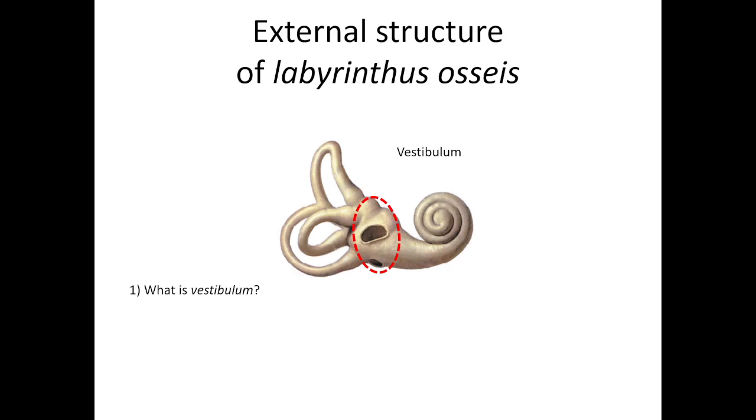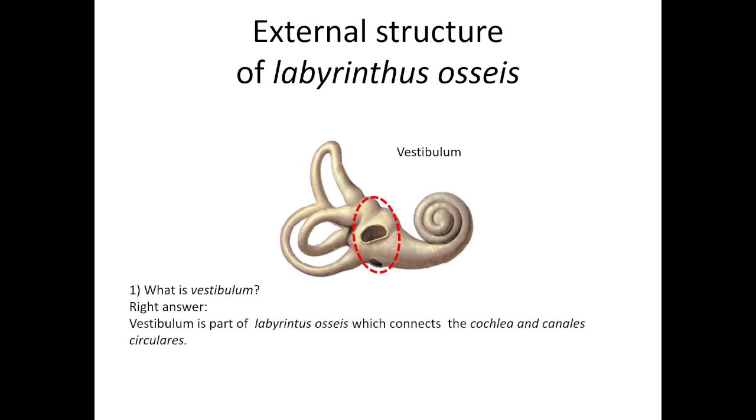So how can we explain what is vestibulum? Vestibulum is part of labyrinthus osseus, which connects the cochlea and canales semicirculares. Is it right labyrinth or left in this picture? Right, really.